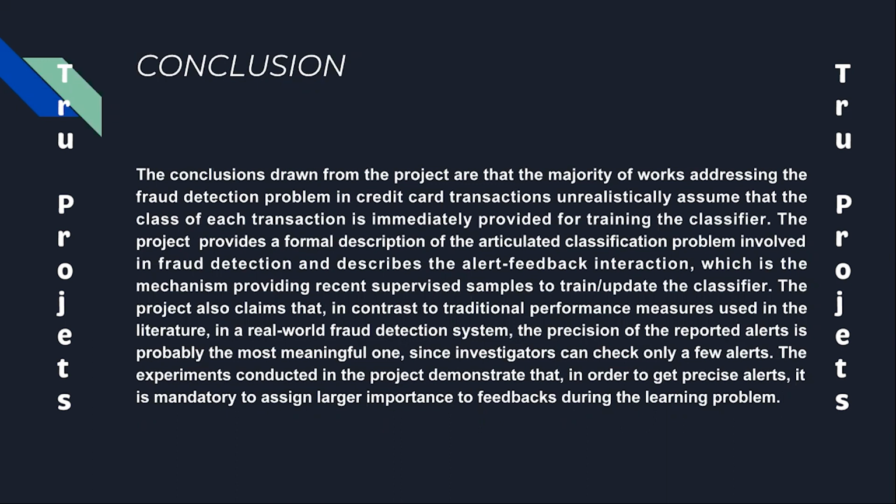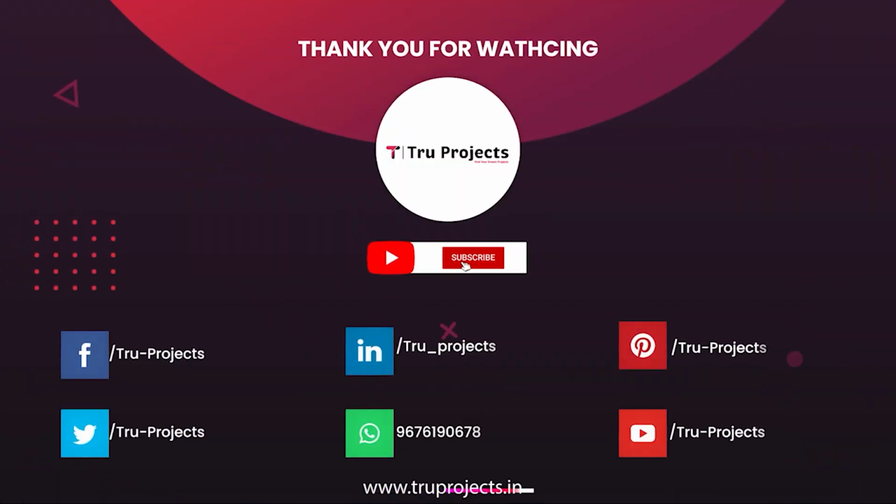The project also claimed that, in contrast to traditional performance measures used in the literature, in a real-world fraud detection system the precision of the reported alerts is probably the most meaningful one, since investigators can check only a few alerts.